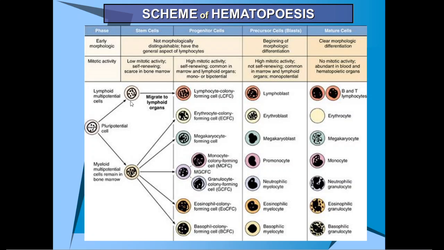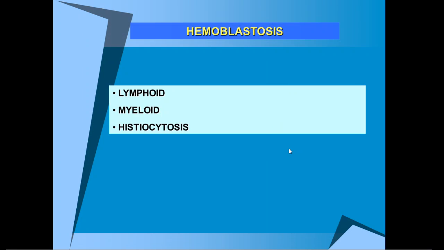So, lymphoid grows and this big part, so-called myeloid grows. So, let's see how we can apply this information to classification of the hemoblastosis.